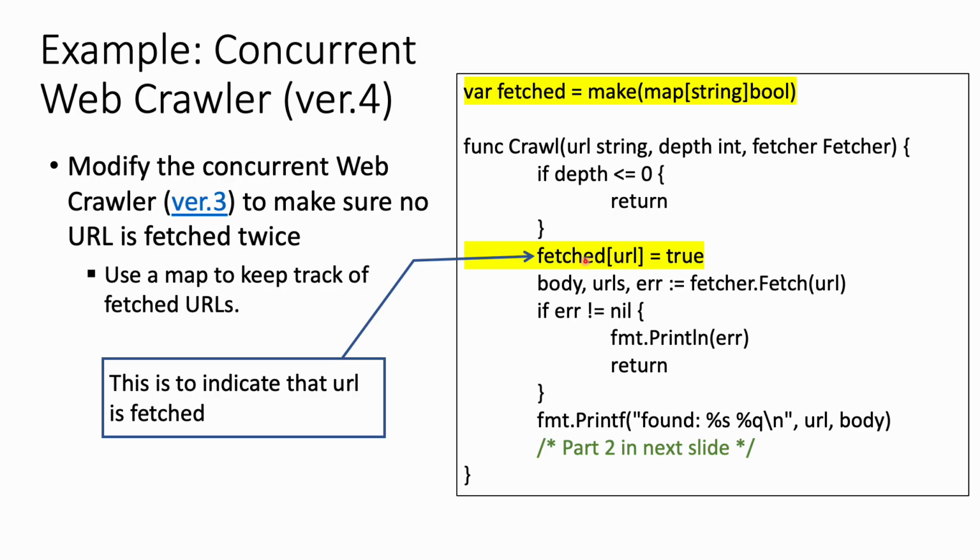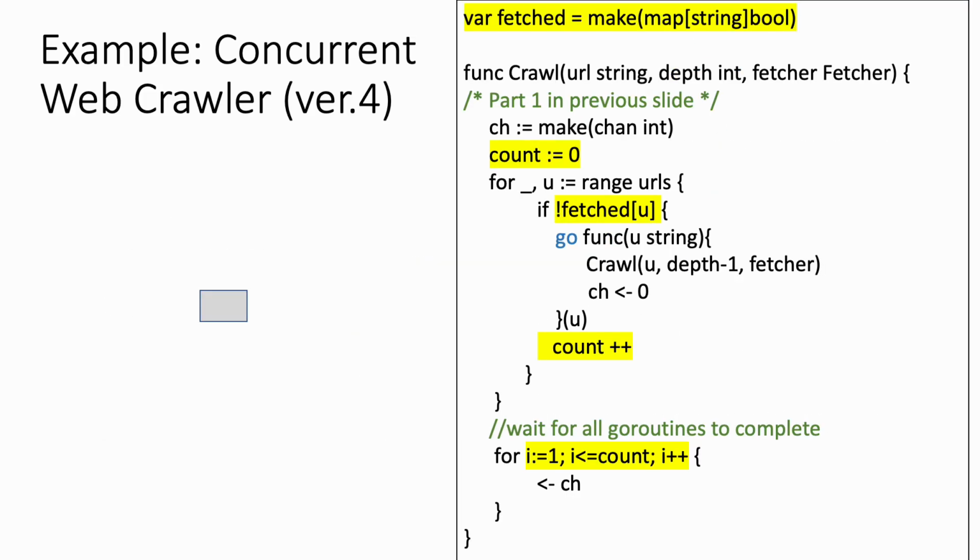So this is to indicate that the given URL has been fetched. In the recursive part of function crawl, before exploring a URL in the given list of URLs, we have to check if the URL has been fetched and only proceed with exploring if the URL is not fetched.